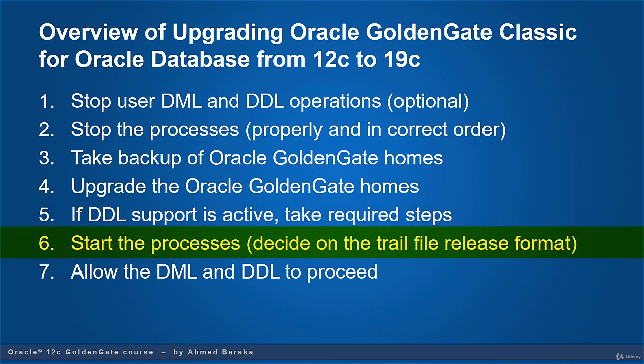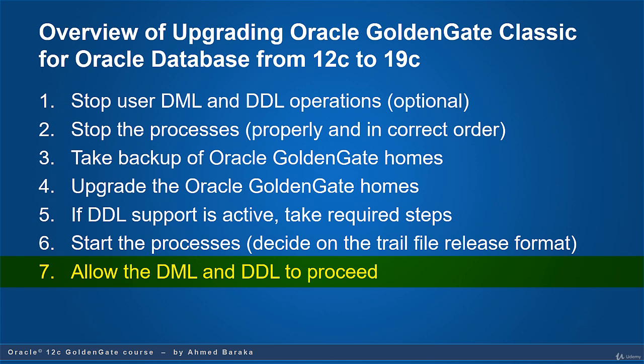After that, we need to decide: should we use the trail file format of the new release or should we keep the current trail file format? We will discuss this point in a separate slide. The decision made at this point determines which options we should use to start the processes. Finally, after the processes are successfully started, allow the application users to resume their operations.